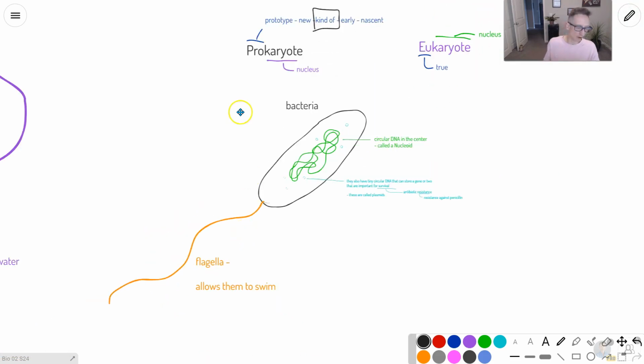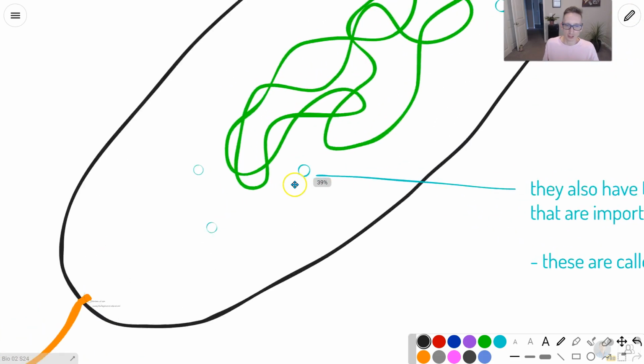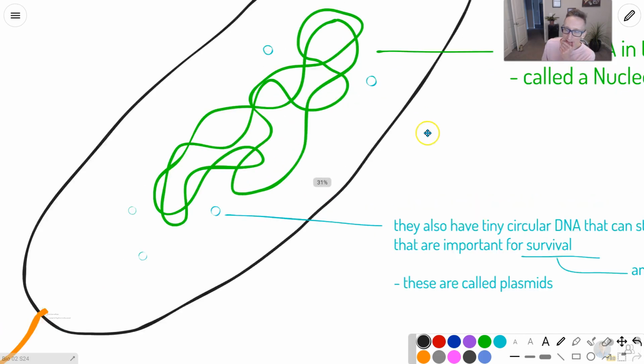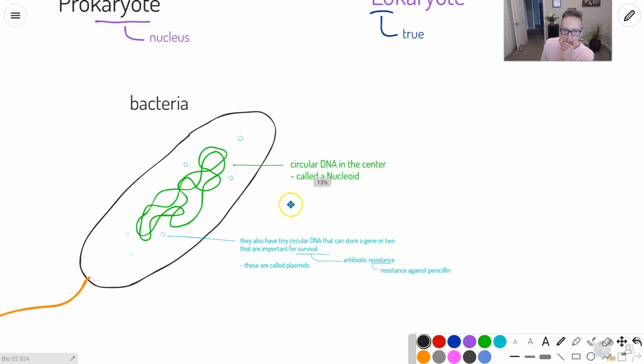Another thing that I want to talk about is having to do with these plasmids. So sometimes bacteria, let's get a little fancy here. Well, let's draw another bacteria over here and do something pretty special.